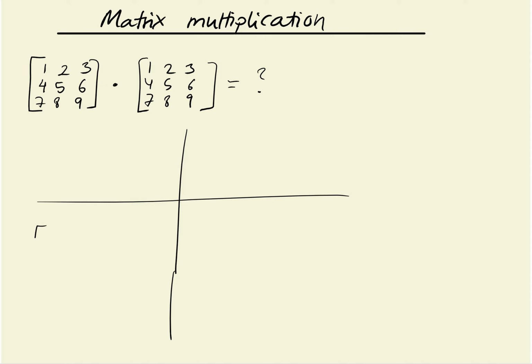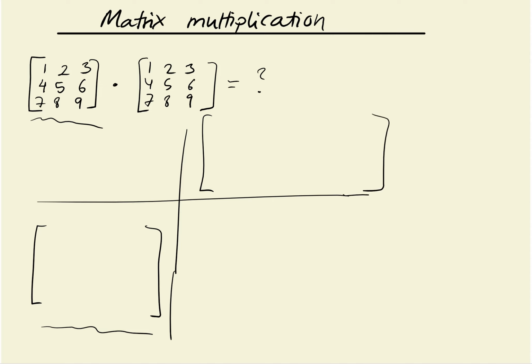Here I have the first matrix, this one, and over here I have the second matrix, and in this part here I'm going to draw the product of the two matrices. Now I've filled in the elements of the matrices, and I gave them some color, and I changed the bold face of the numbers.